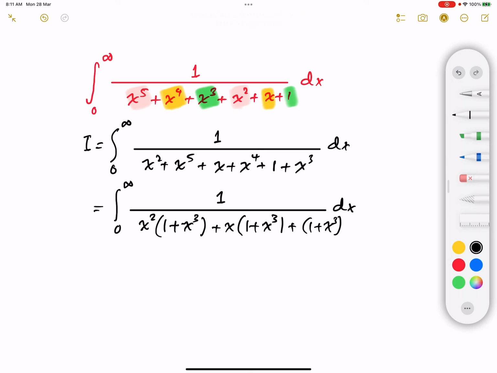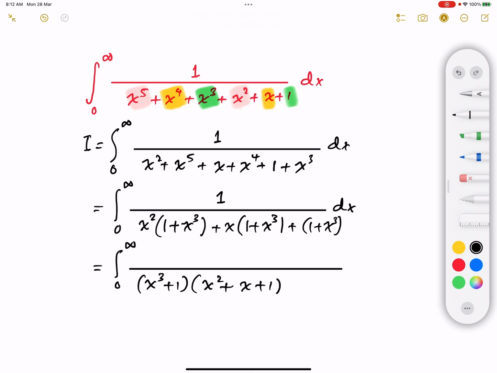So now we can go ahead and take x cubed plus 1 as a common factor. And then we are left with a quadratic term, which is x squared plus x plus 1, dx, and we have 1 here.